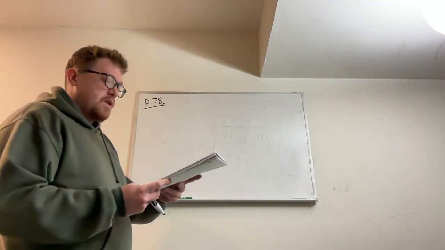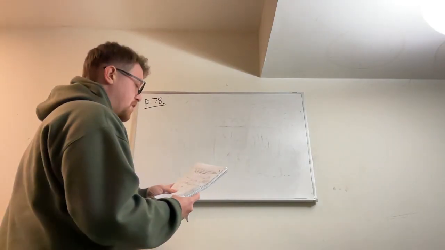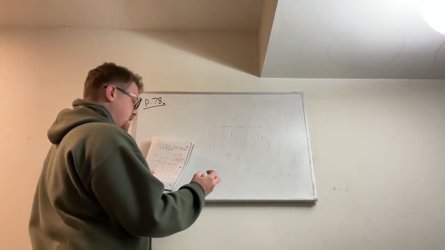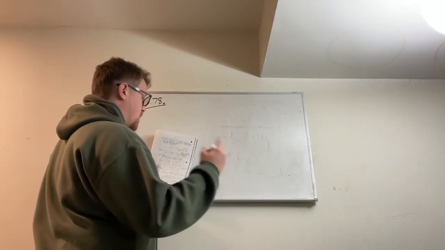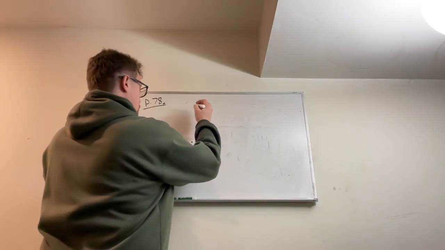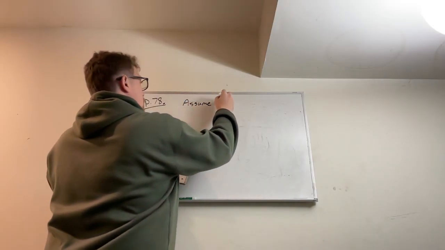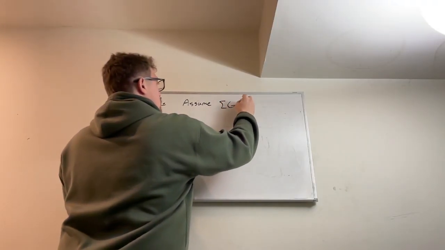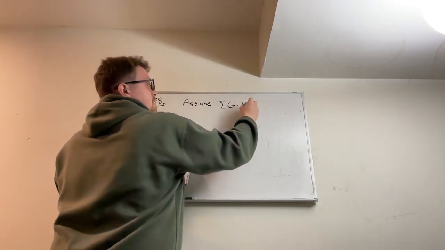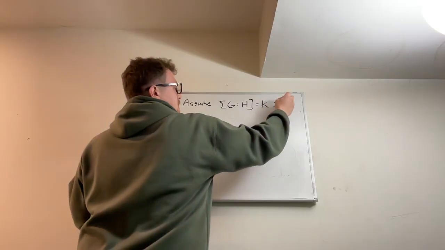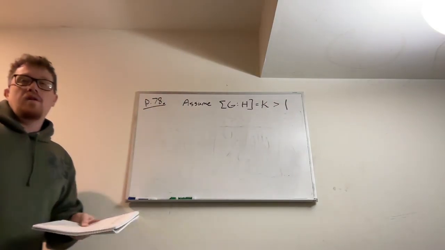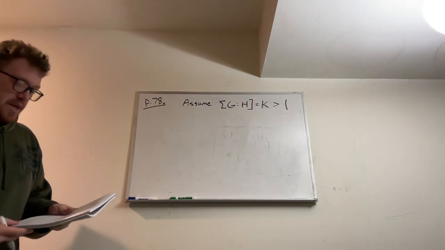Right. So let's assume that the index of H in G is k, and k is not equal to 1, or is greater than 1. So H is a proper subgroup. That means if this is equal to k, then it has to be strictly greater than 1. That's what proper means.